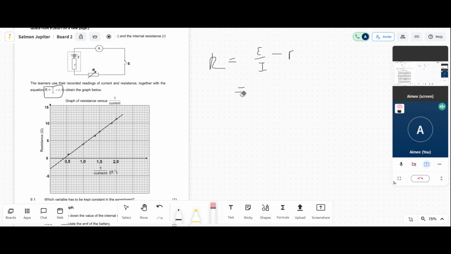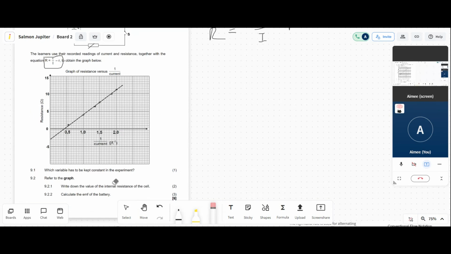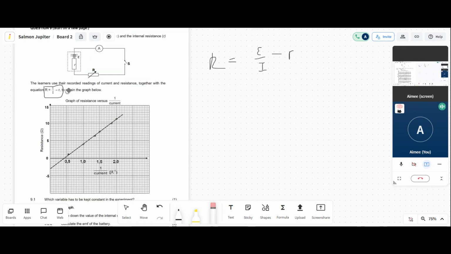The first question asks, which variable has to be kept constant in the experiment? With electricity questions, the variable that needs to be kept constant is almost always temperature. That's because temperature and resistance are very closely related: as temperature increases, so does resistance.